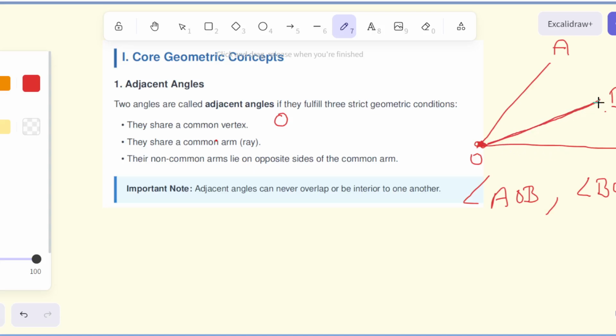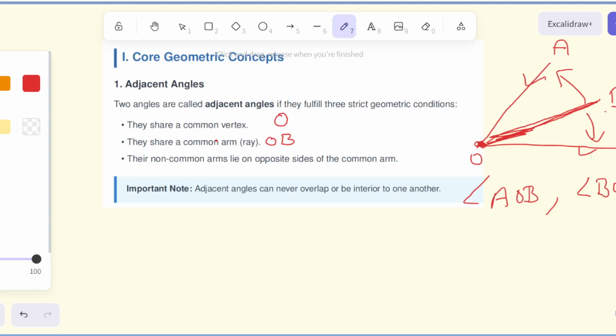Yes, that is OB. The non-common arms, this one and this one, should lie on opposite sides of this common arm, and that's the case here. One is over this side, one is over this side. This ensures that their areas do not overlap.